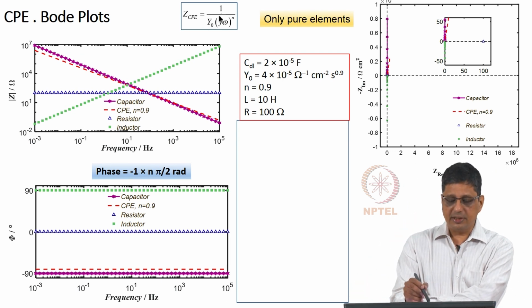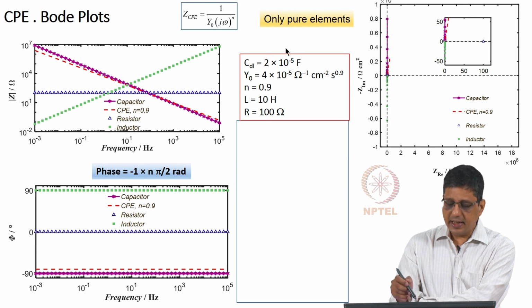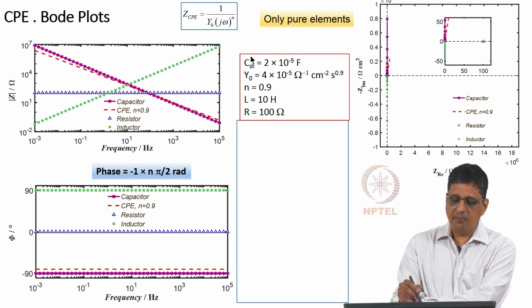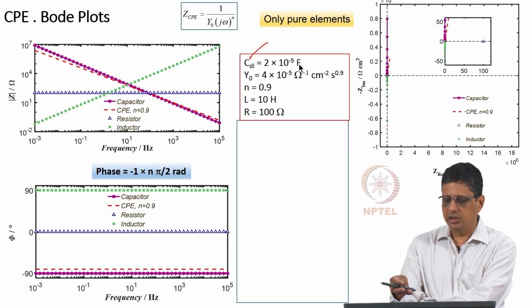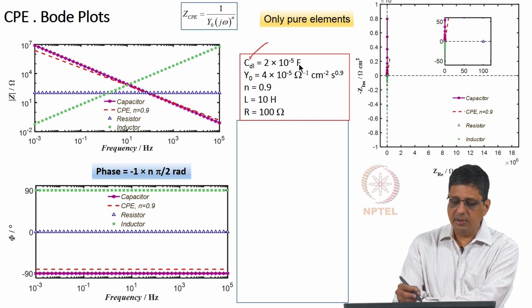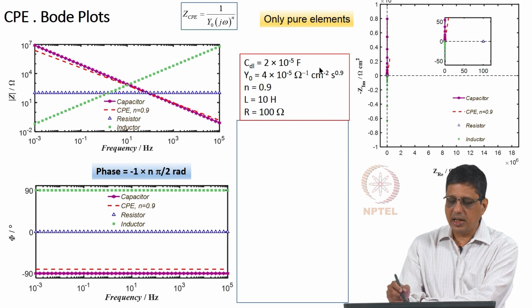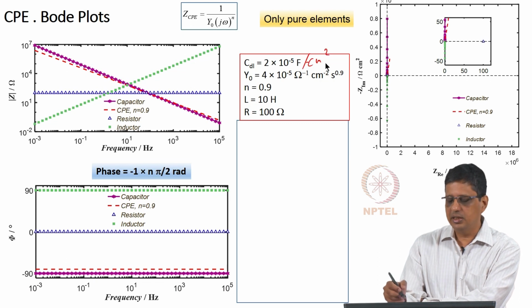So, I had taken this expression, that is ZCPE as 1 by Y0 (j omega) power n. I had taken some examples where I am plotting a double layer capacitance with 20 microfarads. It is just an artificial calculation, I mean artificial element, I am calculating it. So, now I am not writing it as per centimeter square, even here I should not have written this, but it is okay.